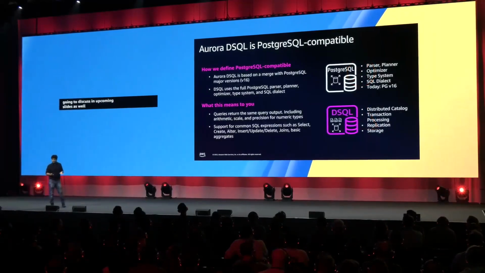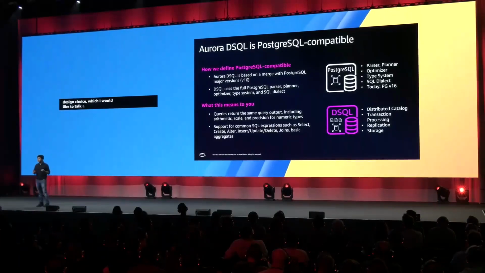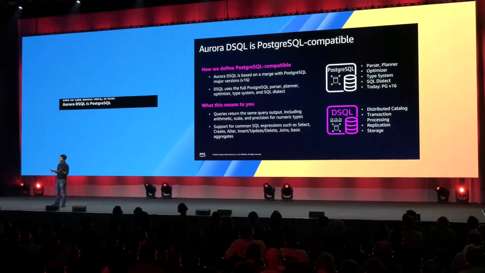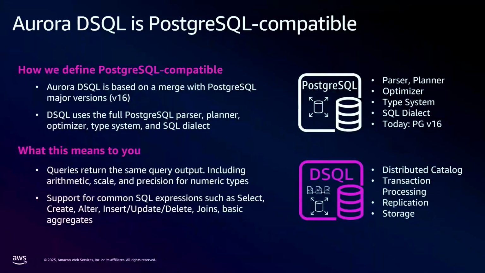And the last design choice which I would like to talk about here is that Aurora DSQL is PostgreSQL compatible. That is, it is built on top of your favorite PostgreSQL version 16, and it has its dialect, parser, planner, type system, and the wire protocol. Even the drivers and the tools which are supported with PostgreSQL are also compatible with Aurora DSQL with minor or no configuration change at all.